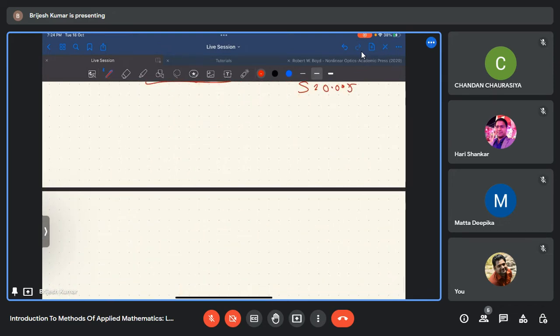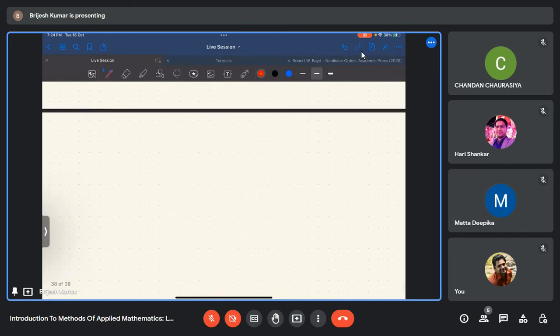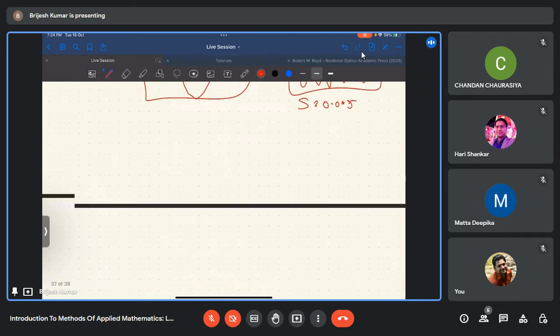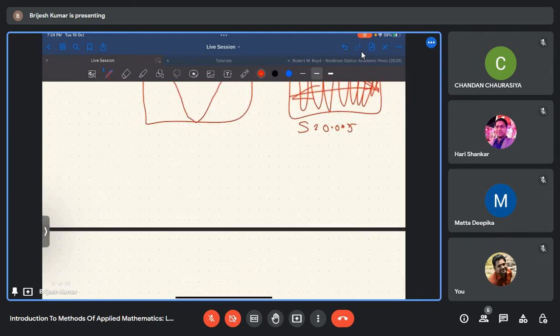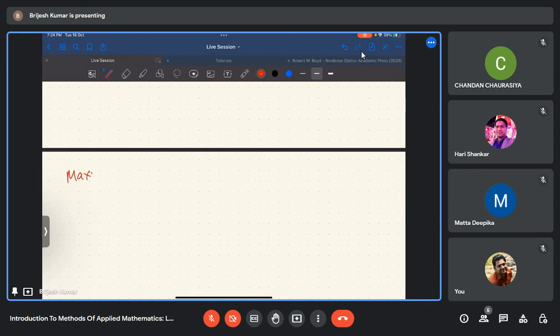Let's take one example of this wavelet transform. Like we talked about the mother wavelet, right? One famous mother wavelet is called the Mexican hat wavelet.